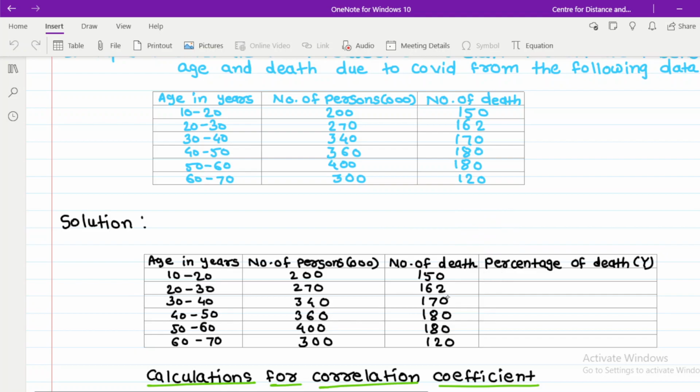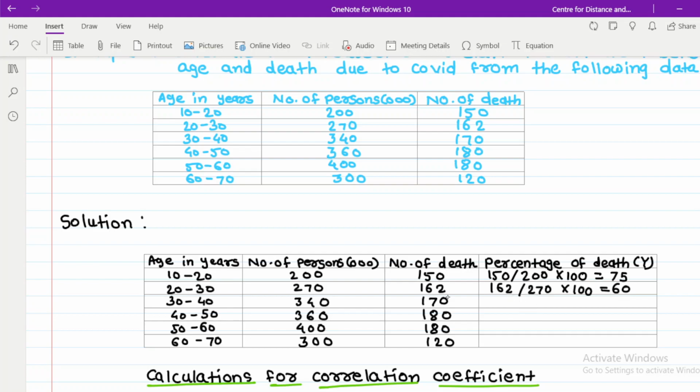So here 150 divided by the respective number of persons, 200, multiplied by 100 gives the answer 75. Then for the second, 162 divided by 270 into 100 gives 60.